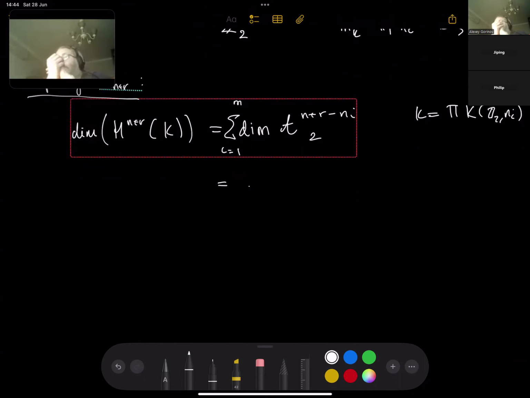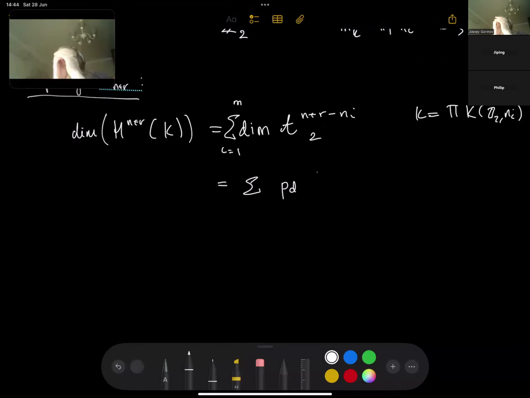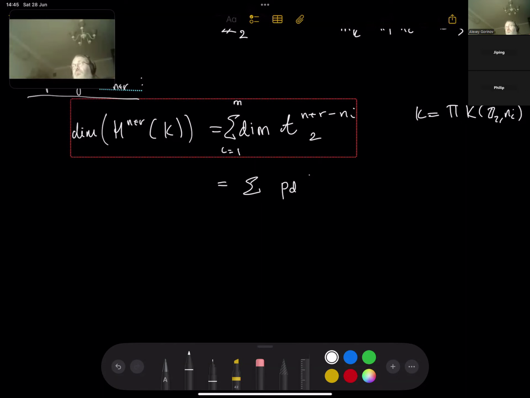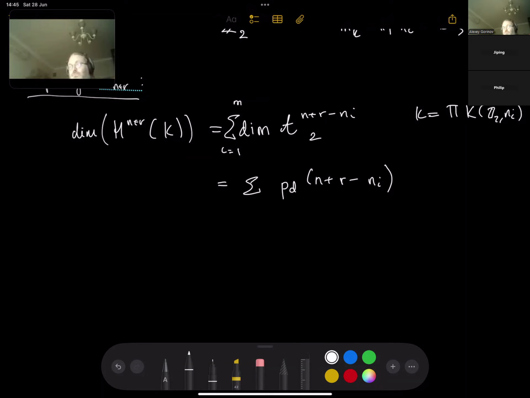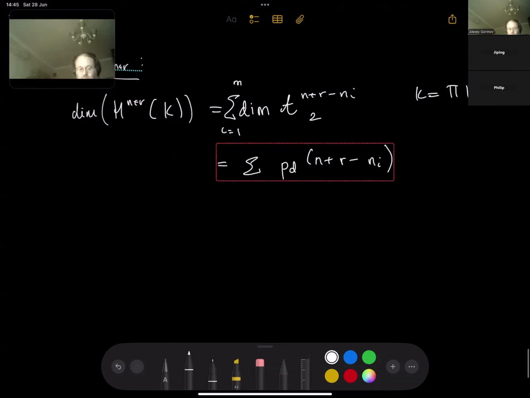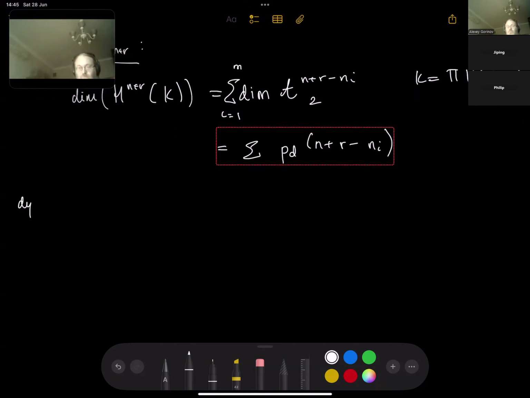So the dimensions of these pieces of the Steenrod algebra are given by the number of dyadic partitions. When you count your basis of admissible sequences, you're counting the number of dyadic partitions. So maybe I'll just define what a dyadic partition is.